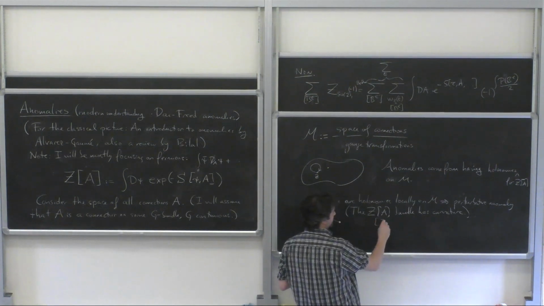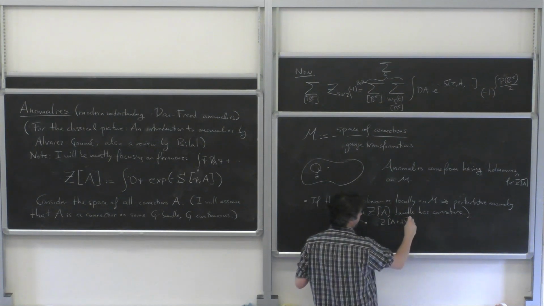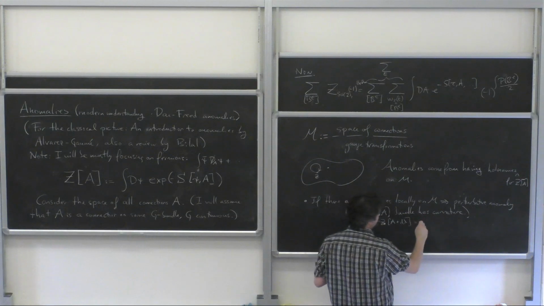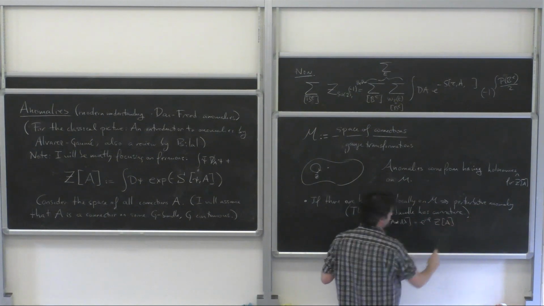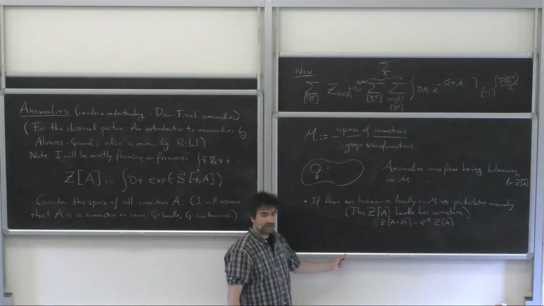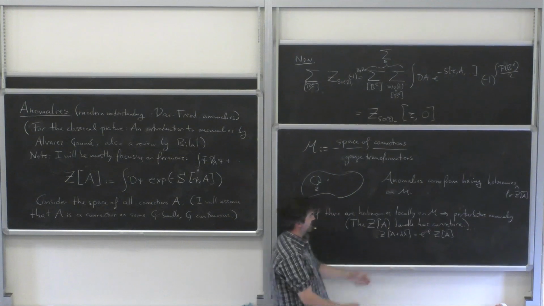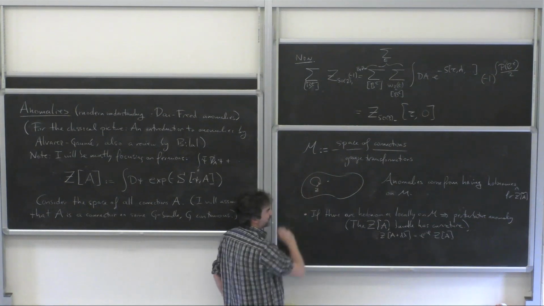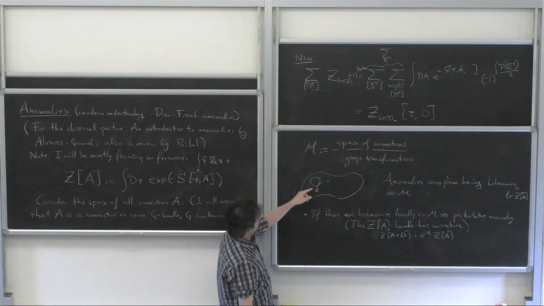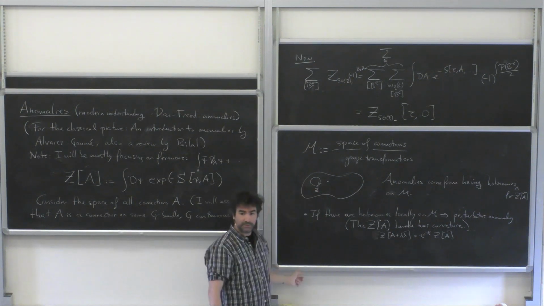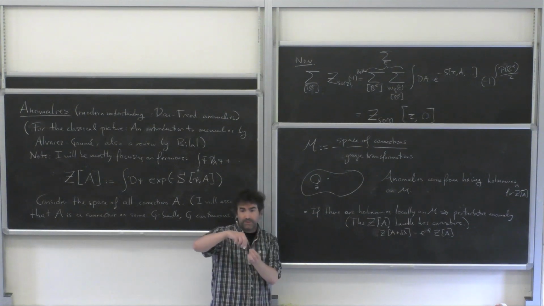Unpacking, we are saying something like Z of A plus d lambda, for some small lambda, is some phase, the holonomy, times Z of A. So in this geometric picture, this statement gets translated to the fact that if I do a little loop in this space, I pick up a holonomy, and that means geometrically that this bundle has curvature. Right? Curvature is the thing that gives you holonomies locally.